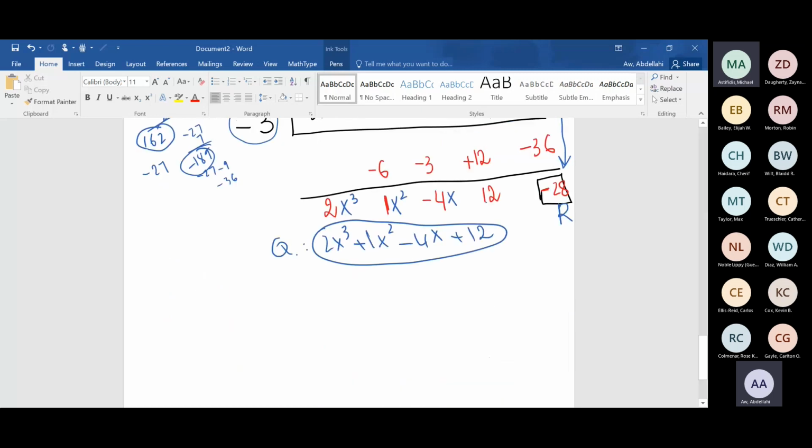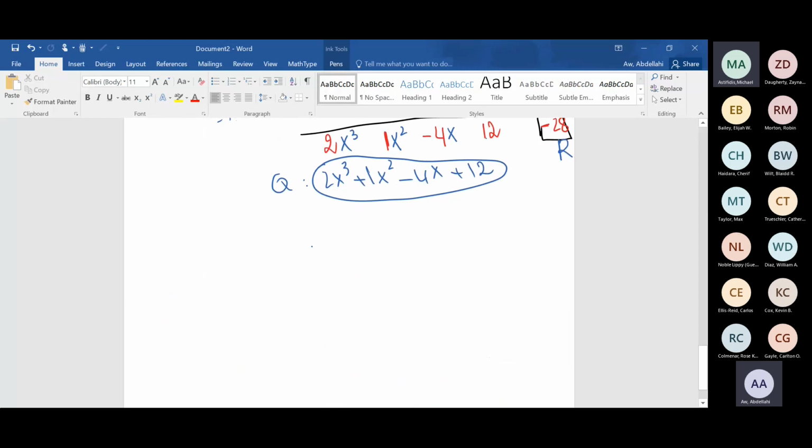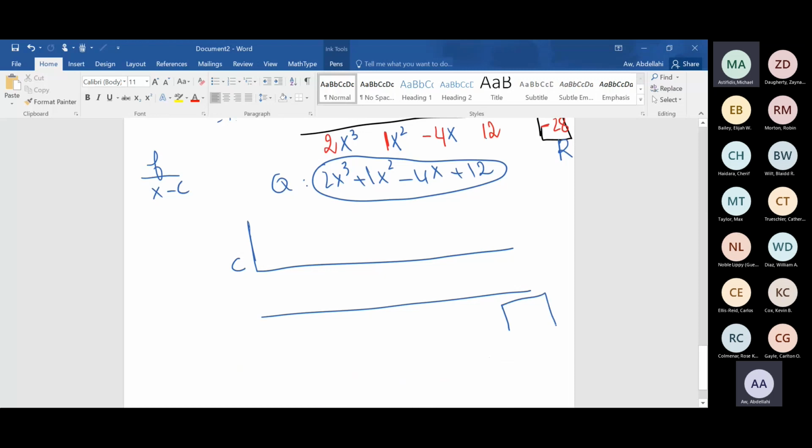And this is understandable. When I do the synthetic division, when we divide f by x minus c, right? If you put c here, that number here is going to be f of c. Okay? The remainder is equal to f of c.